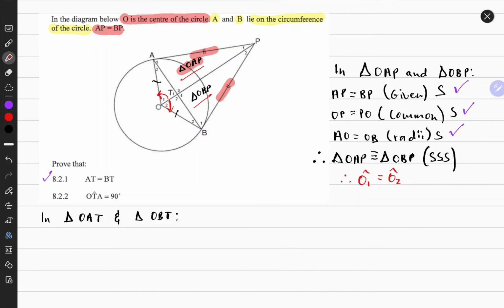So notice that in triangles OAT and OTB, this side here, OT, is equally long for both triangles, so that's a common side. So that's worth noting. We can say that OT is equal to TO. It's common. So we have a pair of corresponding sides.